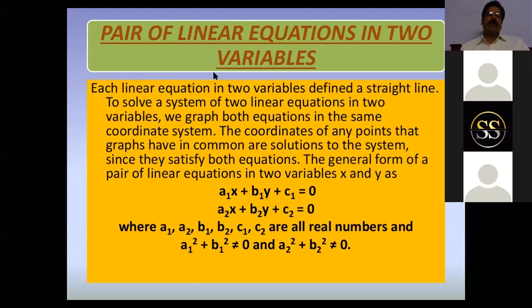The general form of a pair of linear equations in two variables x and y is a1x plus b1y plus c1 equal to 0, a2x plus b2y plus c2 equal to 0, where a1, a2, b1, b2, c1, c2 are all real numbers, and a1 square plus b1 square is not equal to 0 and a2 square plus b2 square is not equal to 0.